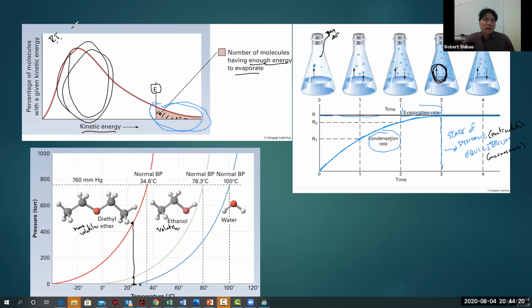It's called the kinetic energy distribution. This distribution has a name. It's the Maxwell-Boltzmann distribution.